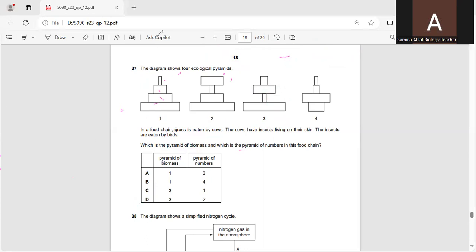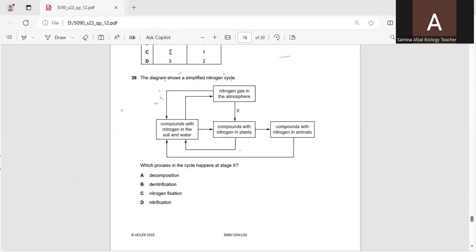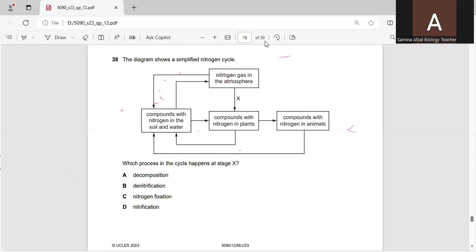Next, question number 38. We are very close to finishing. Here you can see a simplified nitrogen cycle. Here you can see four processes which are taking place. Which process in the cycle happens at stage X?